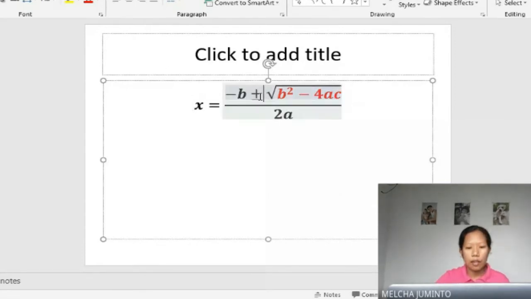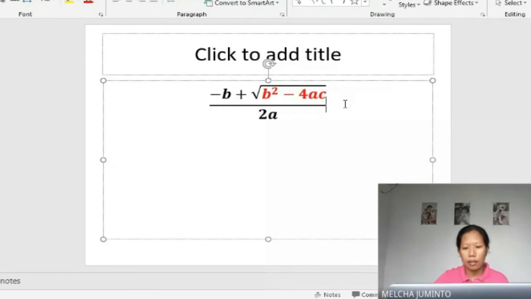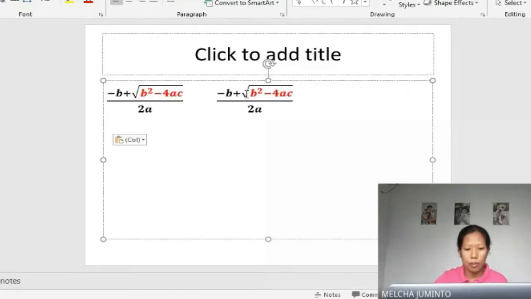We get two values of the roots. The positive one will serve as x1, and x2 will be the negative one.